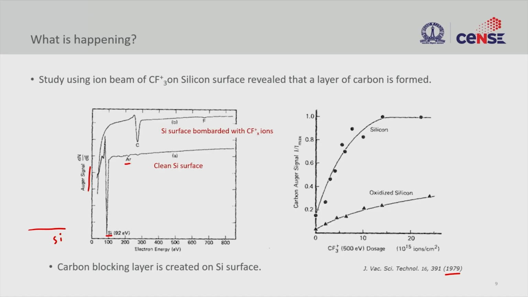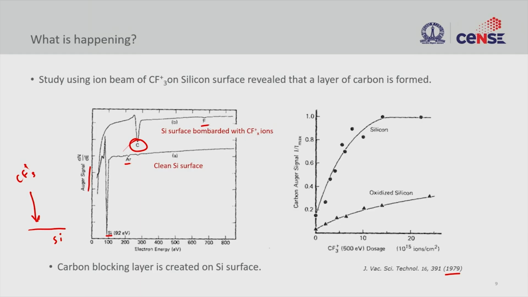But then when the surface is bombarded with CF3, then after exposing it for a while, when we observe the surface, it had a lot of carbon and a little bit of fluorine, understandably, because we had a lot of carbon deposits in there.